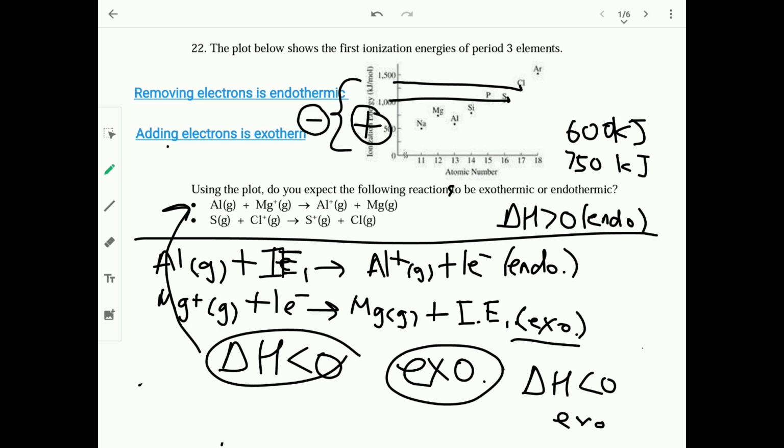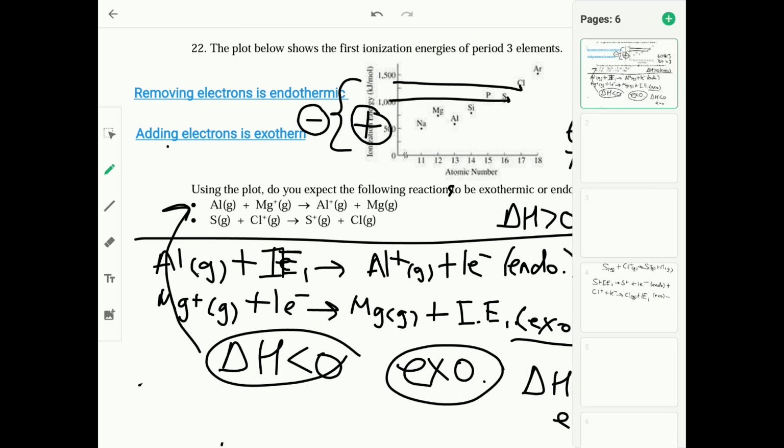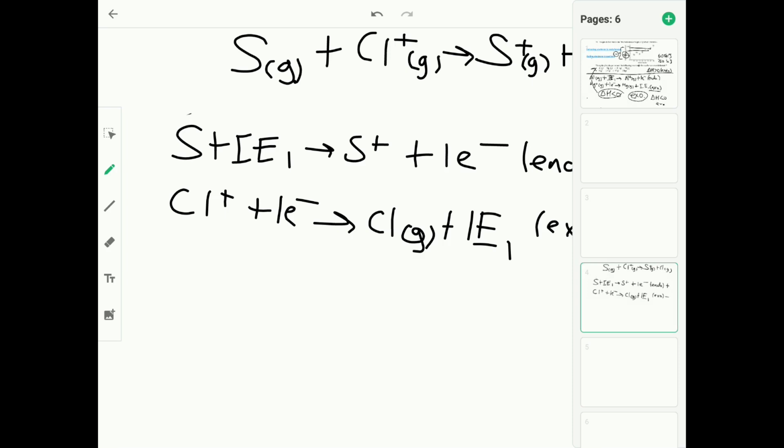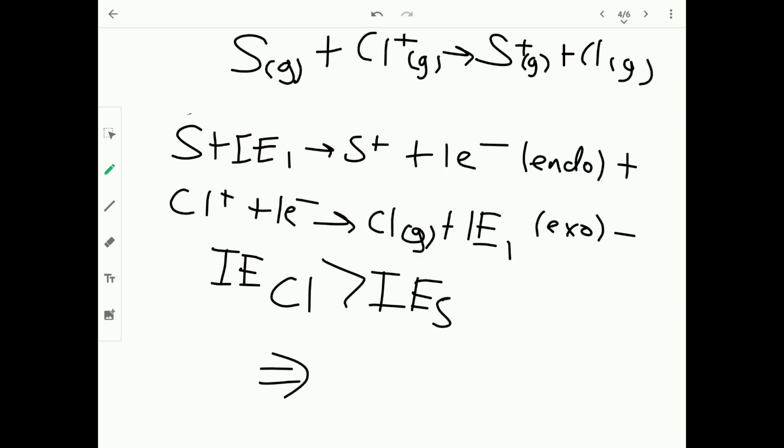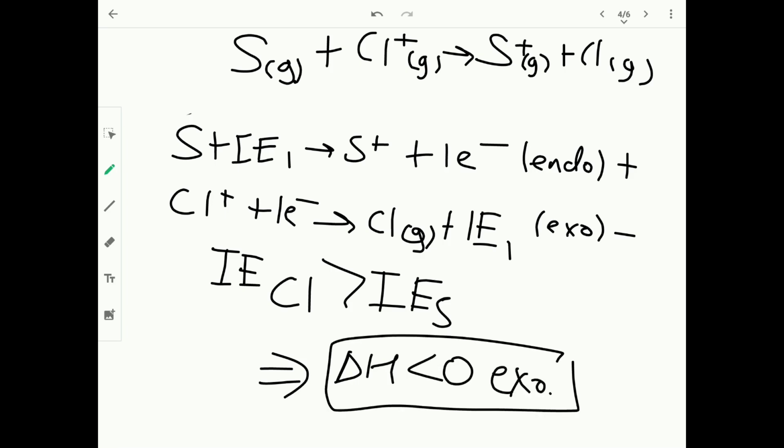So this clearly shows us again that the whole reaction is negative, because the ionization energy of Cl is greater than the ionization energy of S, which shows us that the whole reaction delta H is negative, exothermic, and that's the answer.